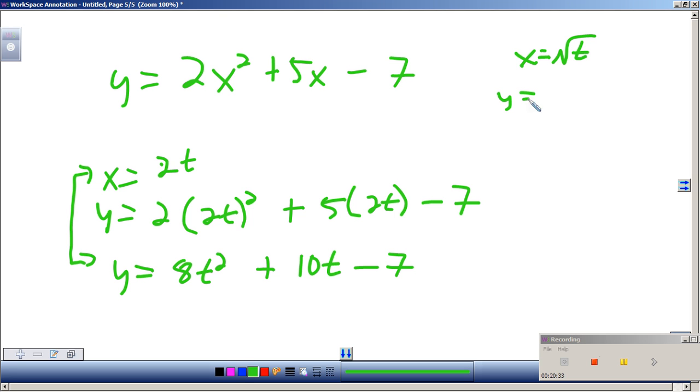So we have y equals 2t plus 5 root t minus 7. It'll work, but you do have to keep in mind what restrictions are in place. Typically you just choose some value for t, or for x, and plug it in, and then simplify it.